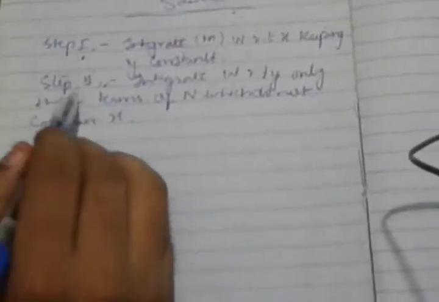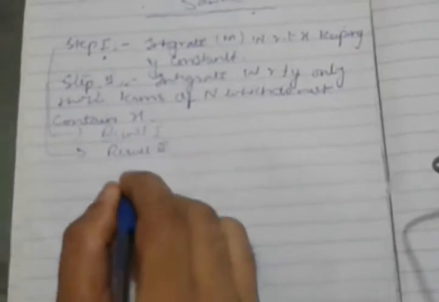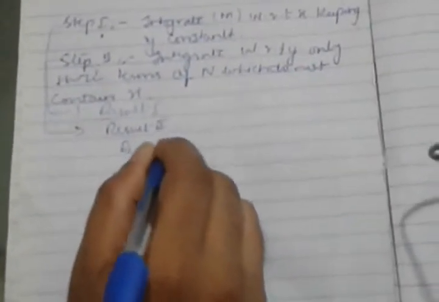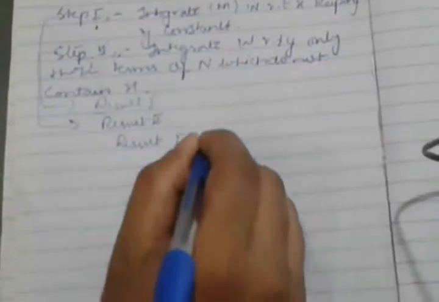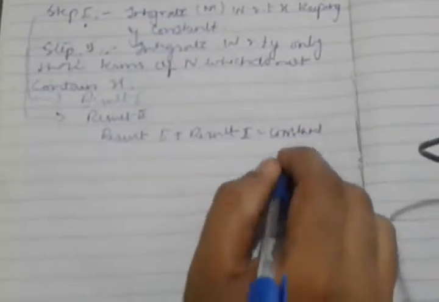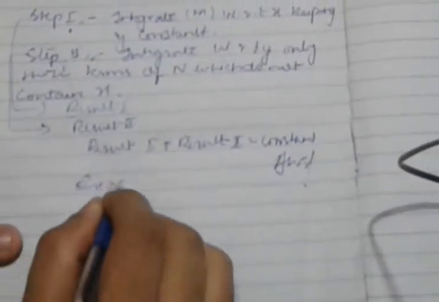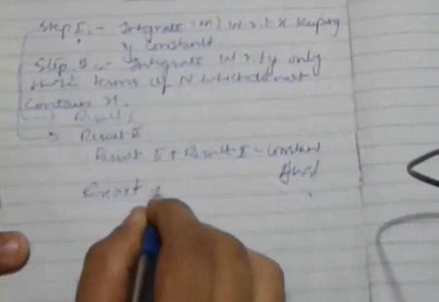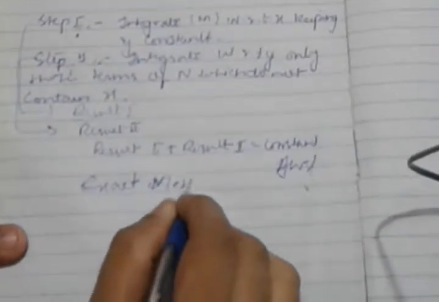After performing these two steps, you will get result 1 and result 2. Result 1 plus result 2 equals a constant. That will be the answer of the differential equation solved by the exact method.